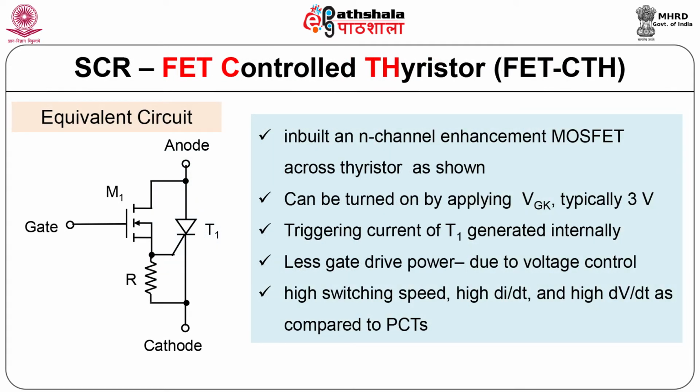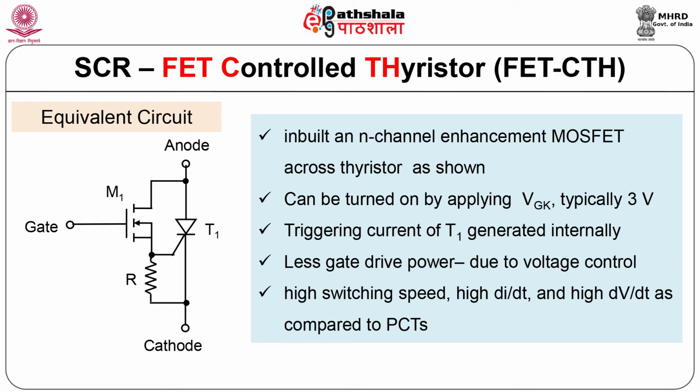The next SCR is the FET controlled thyristor. In this there is an inbuilt N-channel enhancement MOSFET across the thyristor as shown in the figure. It can be turned on by applying a gate to cathode voltage, typically 3 volt. Triggering current of T1 is generated internally.